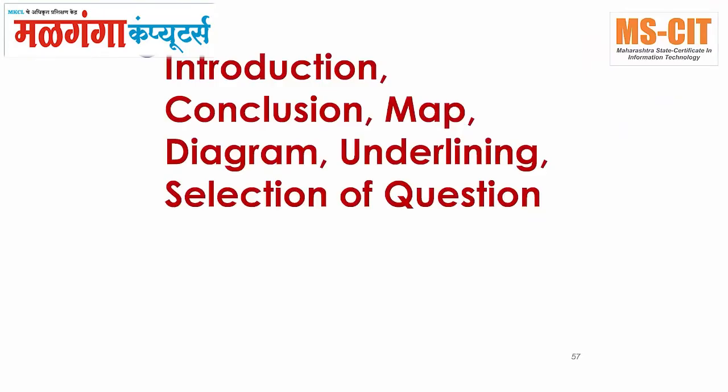Normally students are reluctant to draw a diagram or map, and they are comfortable writing more words or lengthy answers. But for getting good marks or full marks, if you select the question which covers a diagram or map, then you are likely to get good marks or full marks.